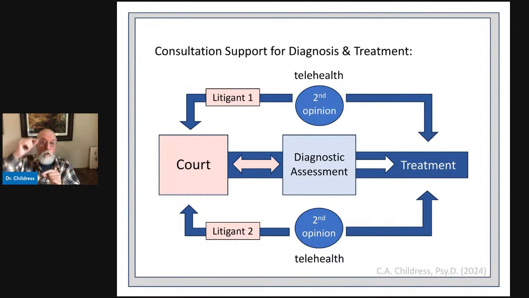So when you have two consultants on the diagnosis, you also have those same two consultants as it moves into the treatment, as it continues on. So that supports the treatment going forward, response to intervention, or if there are issues that ever arise again. So this is the model for how to get high quality mental health services in the family courts.